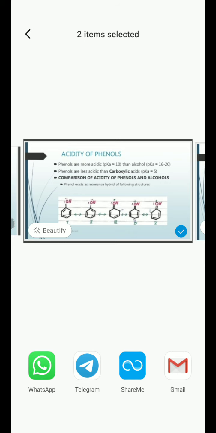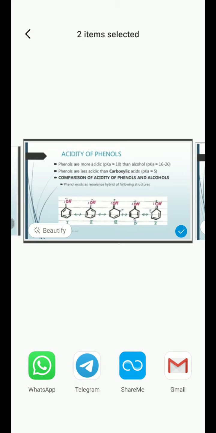The bond between oxygen and hydrogen shifts towards the oxygen atom, so H becomes electron deficient.